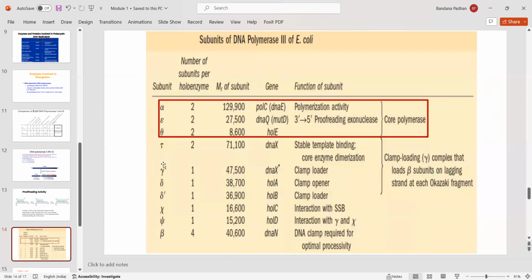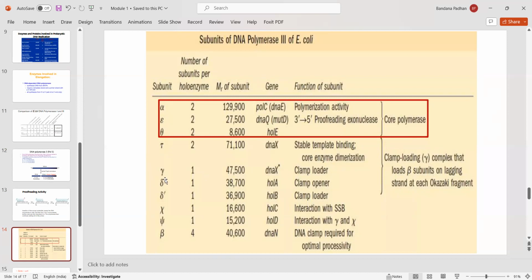It also has a clamp loader complex and a clamp, the beta clamp. The clamp loader subunits are gamma, delta, delta prime, then chi and psi.